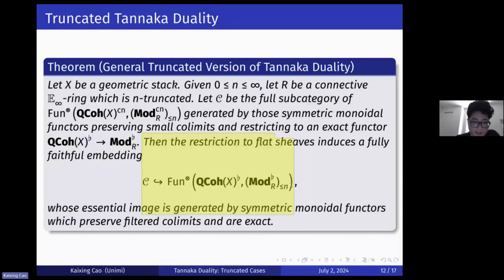It's well defined by the construction of C. And now this theorem claims that this restriction is also fully faithful, and we can also know what its essential image is. It's the symmetric monoidal functors between these two categories which preserve the filtered colimits and which are exact.